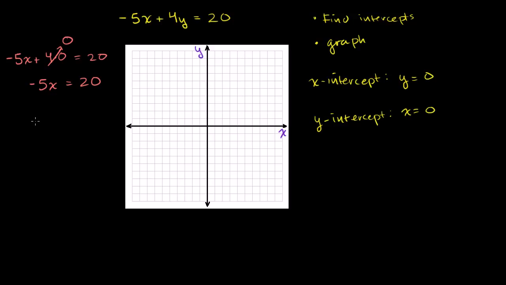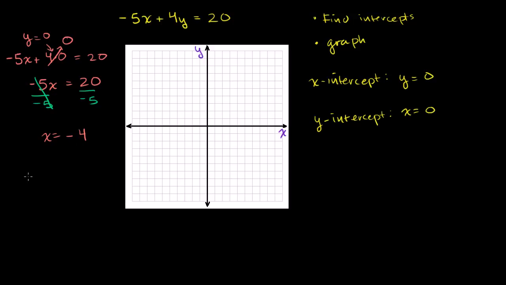We can divide both sides of this equation by negative 5. The negative 5's cancel out. That was the whole point behind dividing by negative 5. And we get x is equal to 20 divided by negative 5, which is negative 4. So when y is equal to 0, x is equal to negative 4.